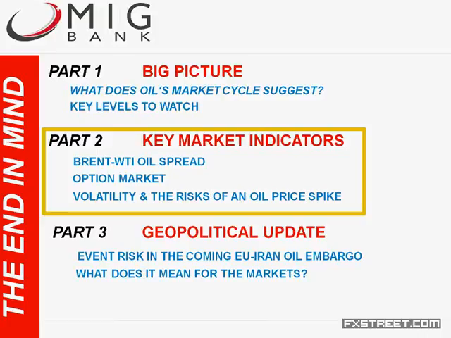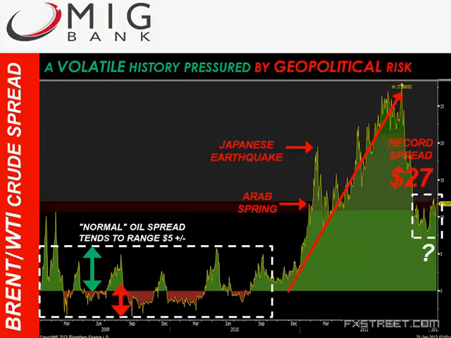So part 2, we jump into another chart, and this is a chart of the spread I was talking to you about. This is the difference between Brent crude oil and West Texas crude oil, the difference between the two. Now, the green area, whenever this chart moves to the upside, that is showing you Brent crude oil trading above or at a premium over West Texas.